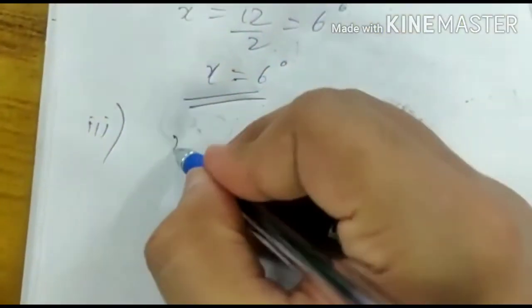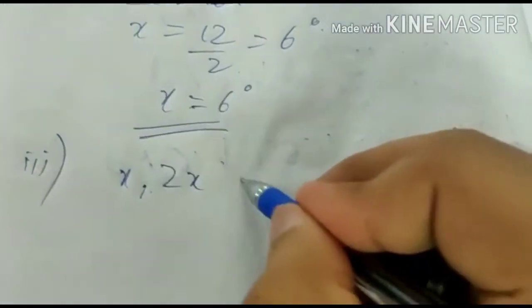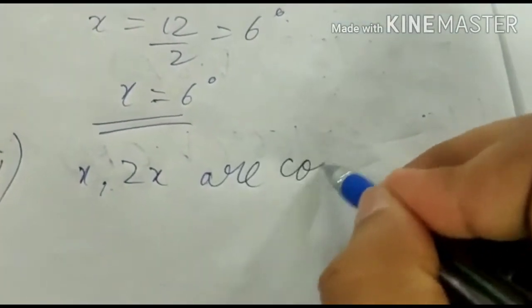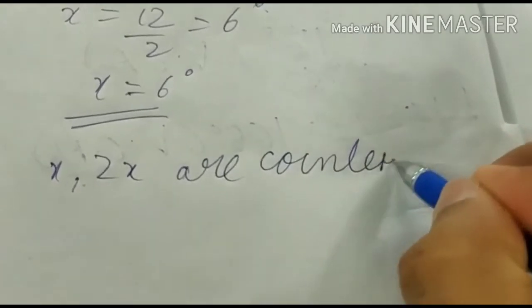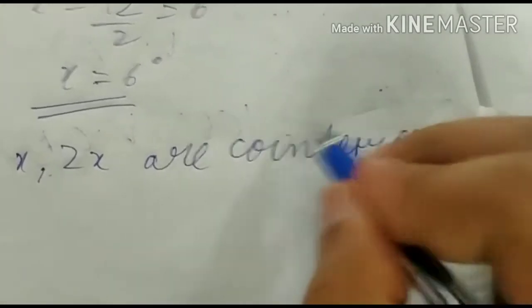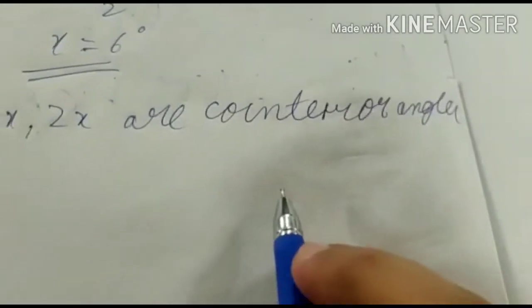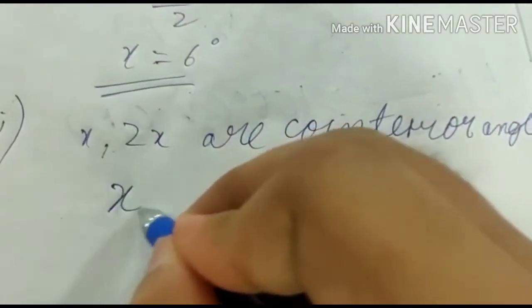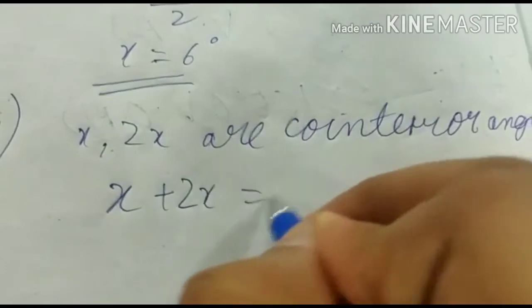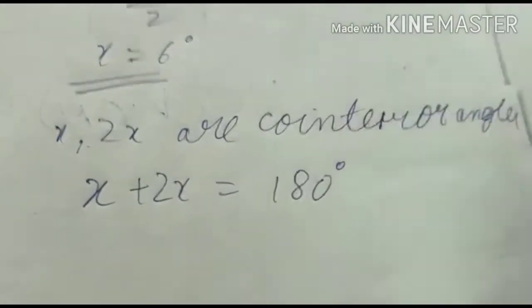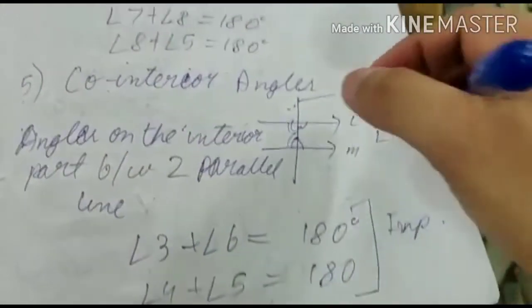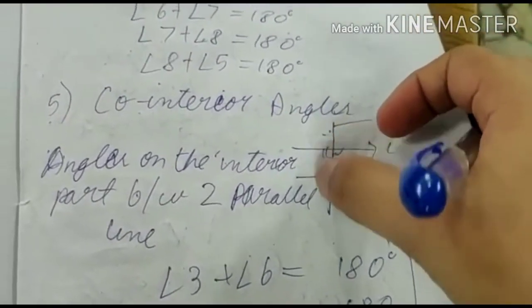So x and 2x are co-interior angles. So what are co-interior angles? Whenever there is a co-interior angle, their sum is 180 degree. As told before, look, co-interior angles, this and this.